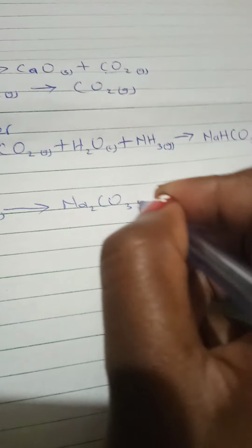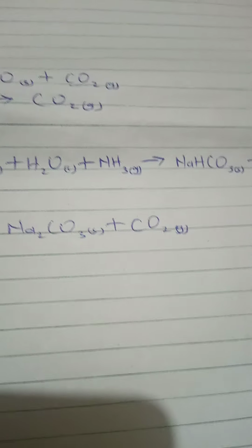So the reaction here, we have the decomposition of the sodium hydrogen carbonate. Here it will get decomposed to form the sodium carbonate. We have the sodium carbonate plus the carbon dioxide gas, which will be recycled, and then we have the water, which will also be recycled.